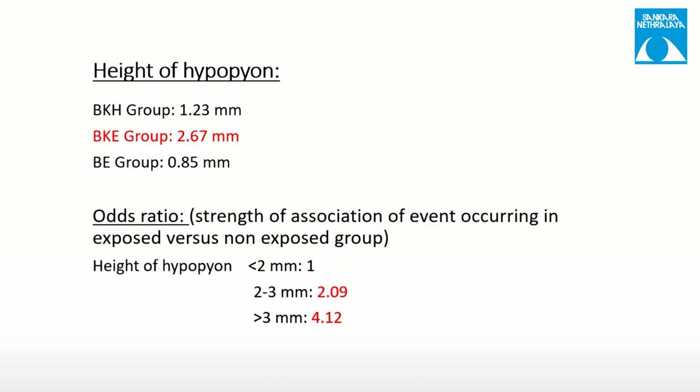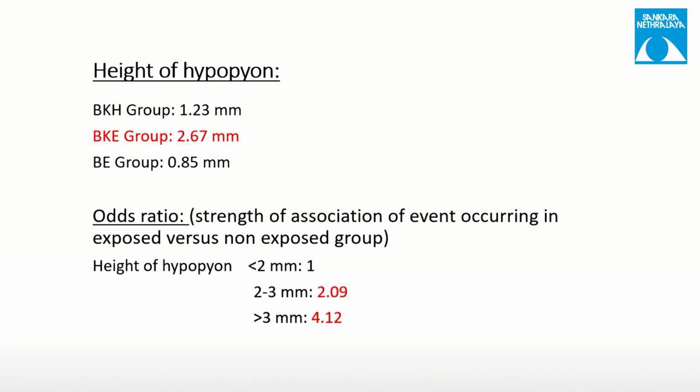For this, the authors have calculated the odds ratio for height of hypopyon less than 2 mm, 2 to 3 mm, and greater than 3 mm. First of all, we should know what the odds ratio is. Odds ratio is the strength of association of an event occurring in the exposed versus non-exposed group. It suggests that this is not a random association.